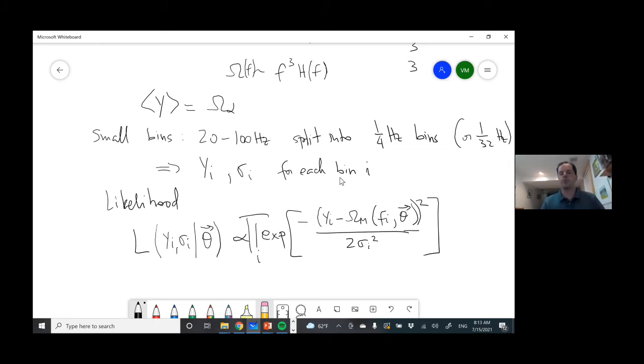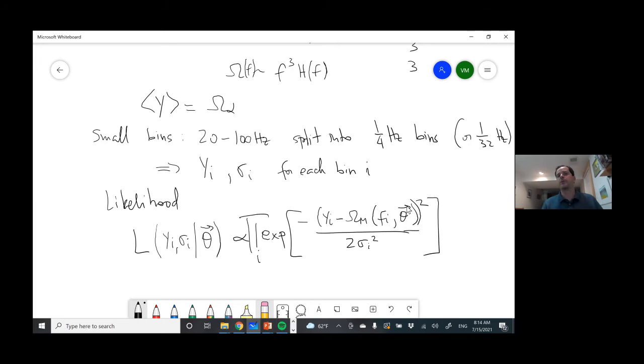So what does this mean? Well, in this likelihood, in the exponent, what we're comparing is the observed value of the energy density in the frequency bin i with the prediction of some model. So omega m here is a model of the stochastic gravitational wave background evaluated at the same frequency bin f i. And this model depends on some parameters theta. In the case of the compact binary stochastic background model, the theta, for example, would include the chirp masses or the parameters that describe the chirp mass distribution.